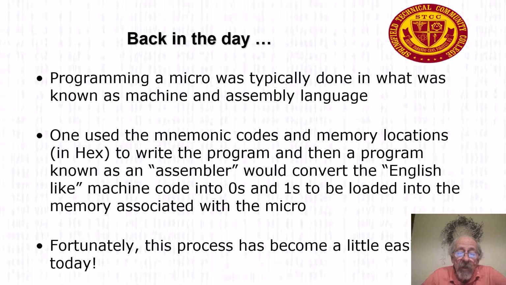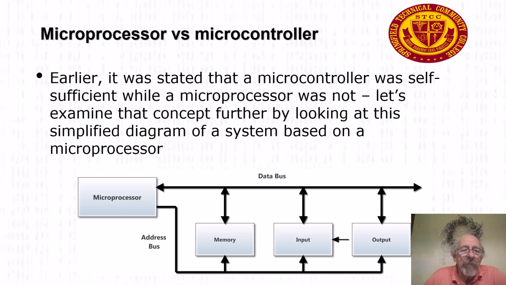Fortunately, this process has become a little easier today. We have things like the Arduino IDE, where we write C++ programs, and it does the compiling automatically, changing that code to zeros and ones, which, when you hit a button to upload the code to the Arduino, it does automatically through the USB cable.